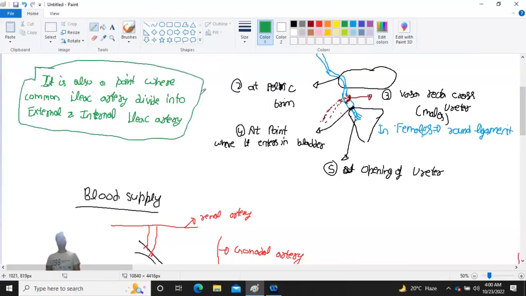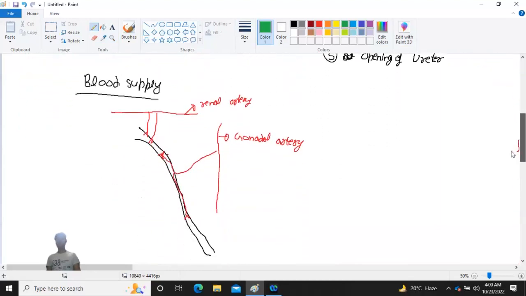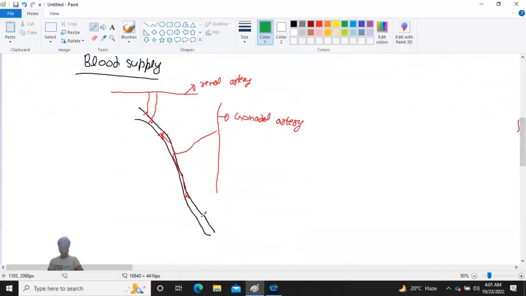This is the point where pelvic brim is. So here it is the point, common iliac artery.